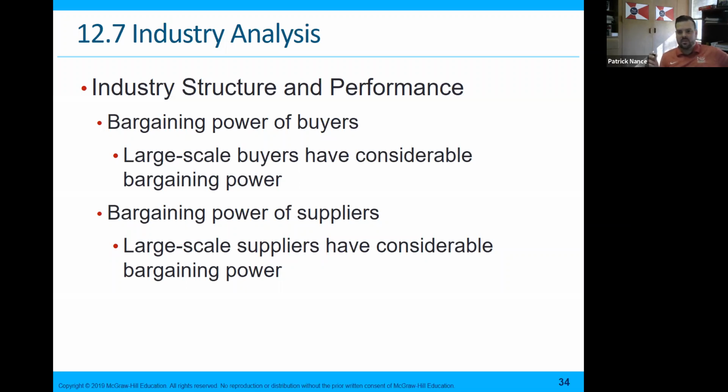That seller is going to be more likely to give a special price or better pricing to a larger quantity than to a smaller quantity. And suppliers are similar. Large-scale suppliers can also have considerable bargaining power on the other end.